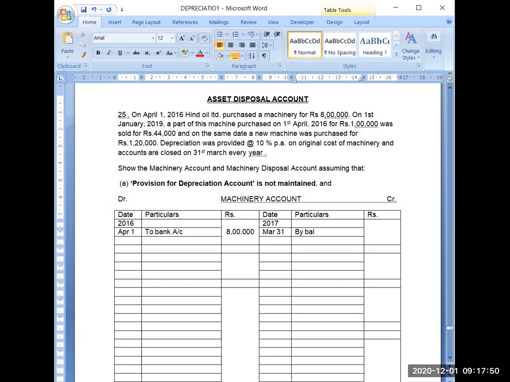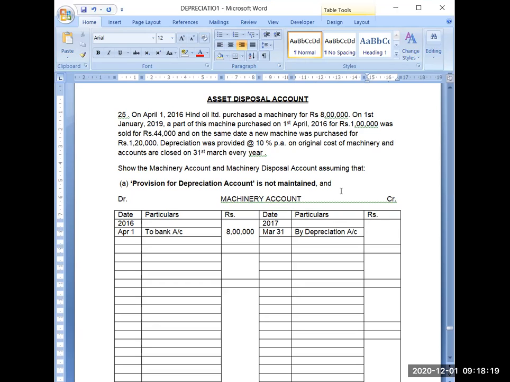By depreciation account. Now we will calculate the depreciation at the rate of 10% per annum, and the method adopted is on original cost, that is straight line method has to be adopted.